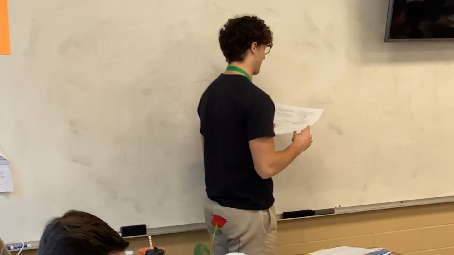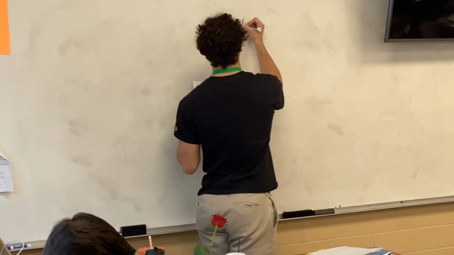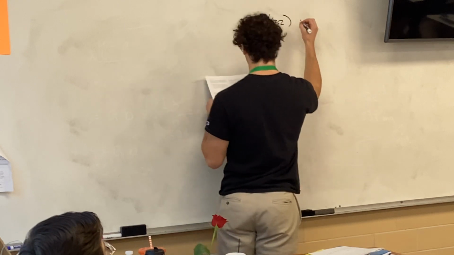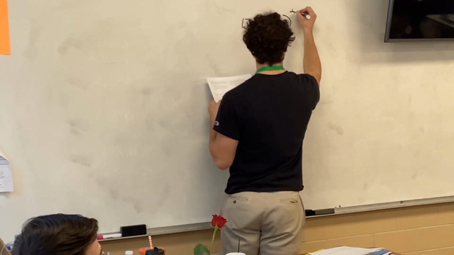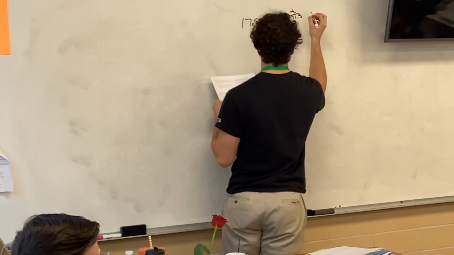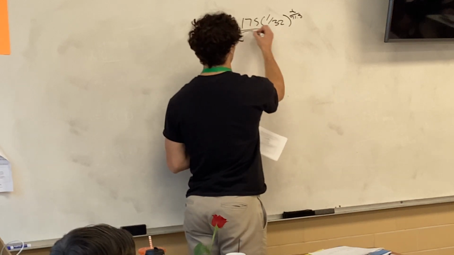So they want to find the half-life of phosphorus 32, and they give you an equation. This is the initial number.